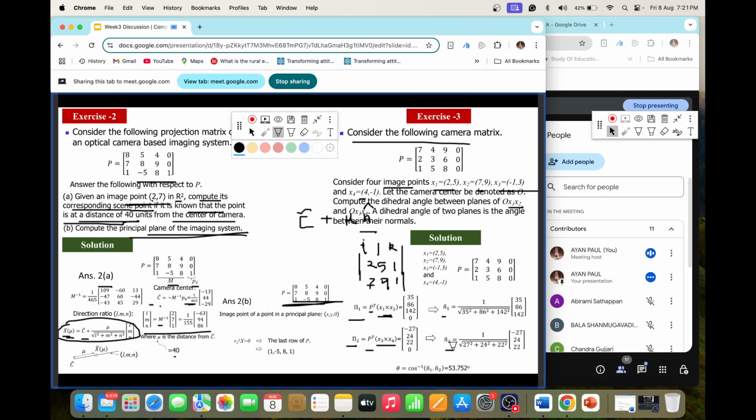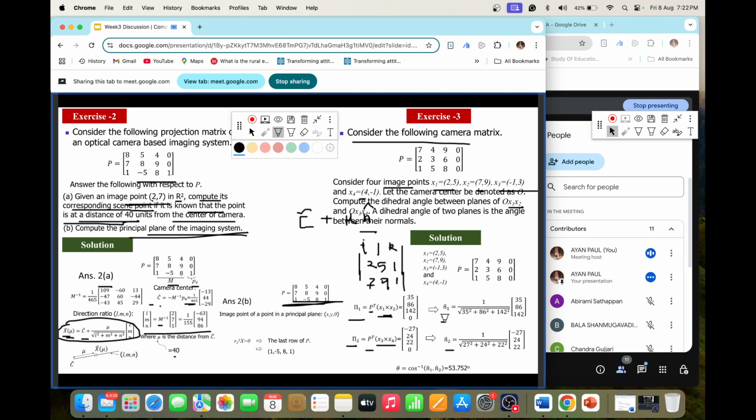The direction of a plane is nothing but the normal of the plane, because for a line the direction is the direction of the line, but in the case of a plane, your normal is actually the direction of the plane. So that is why we are taking the normal.